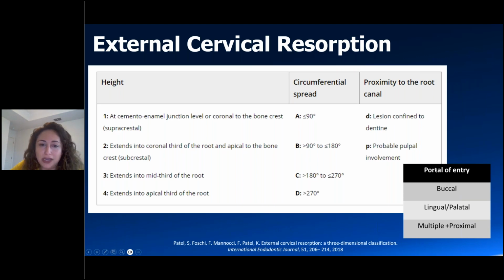When we did our study on external cervical root resorption, we saw that every one of our readers, who were board certified endodontists, could determine whether they were going to treat it or not, really in the beginning, based not just on the extent, but also on the location of the portal of entry, if it's easy to access or not, and if there are multiple portals of entry or not. So this is just as important as the height and circumferential spread.